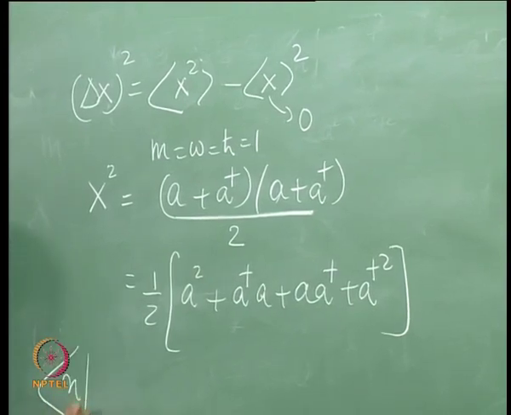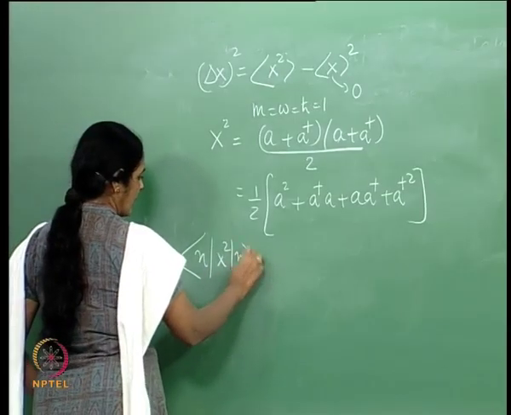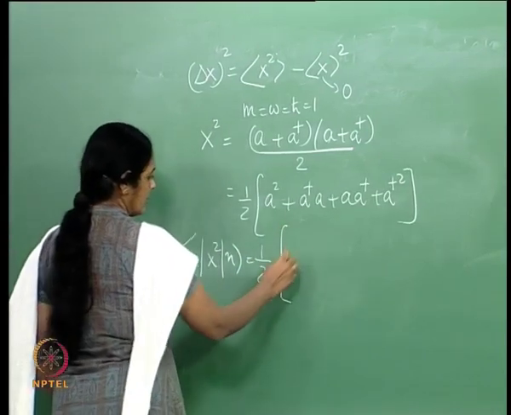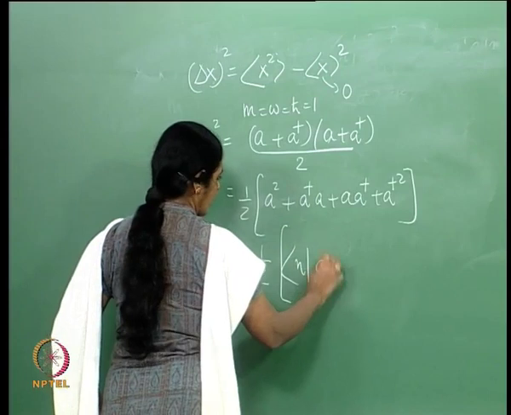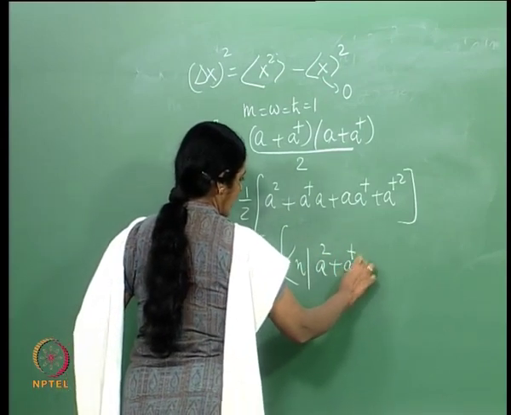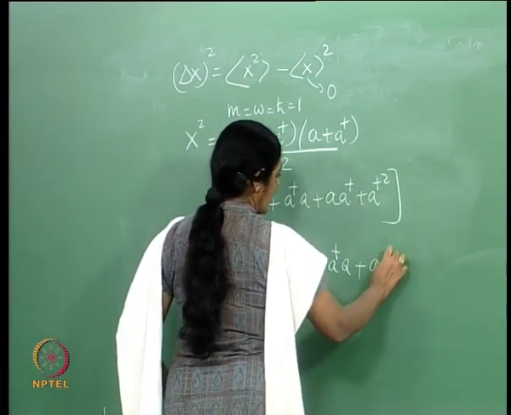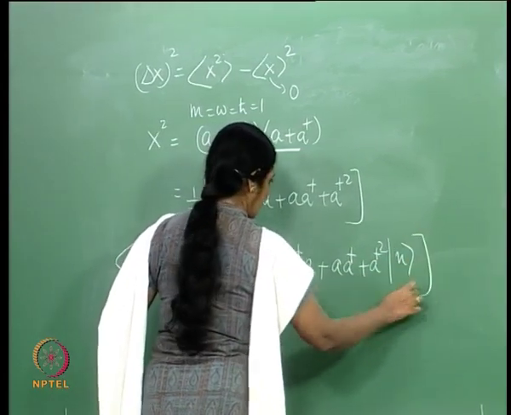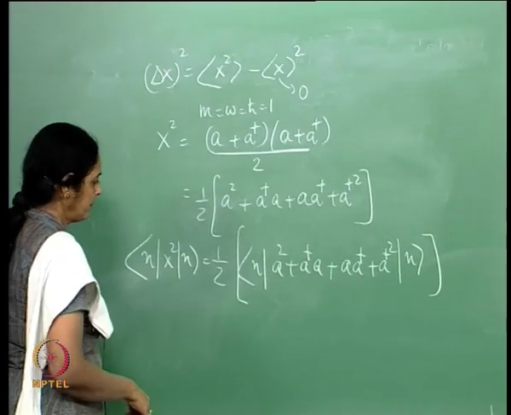So, if I need to find the expectation value of x squared in the state n, I need to calculate the expectation value of these 4 objects when sandwiched between ket n and bra n.